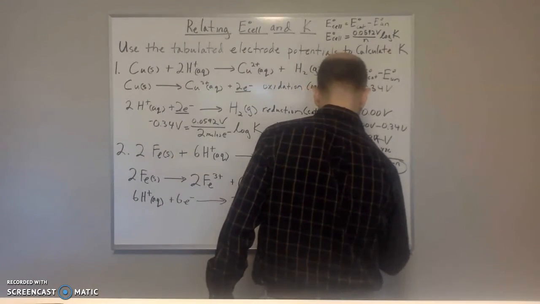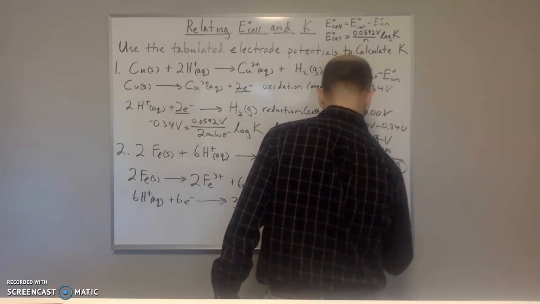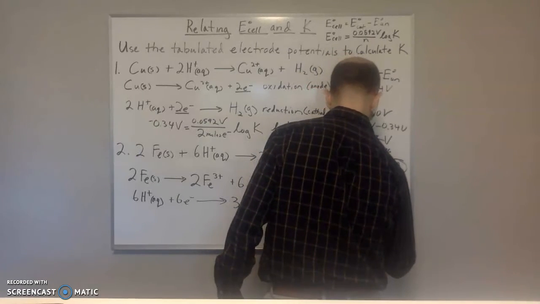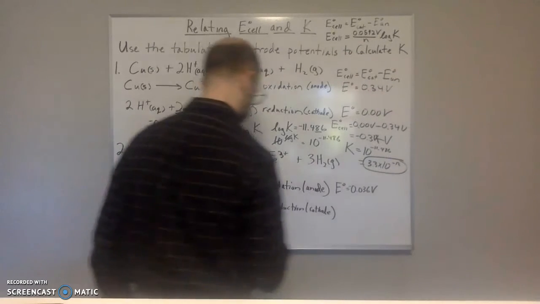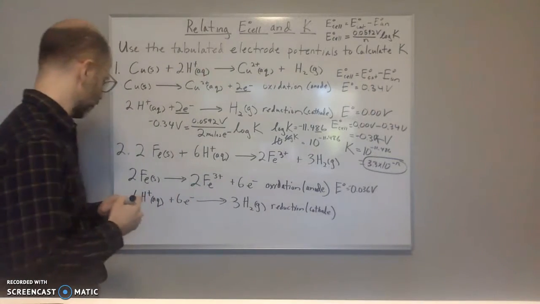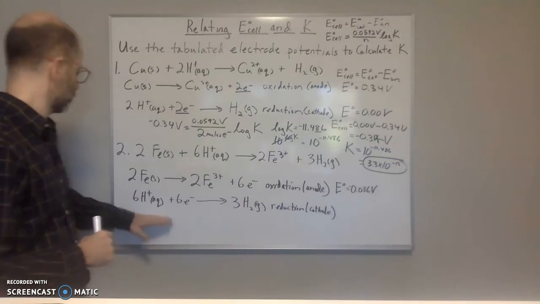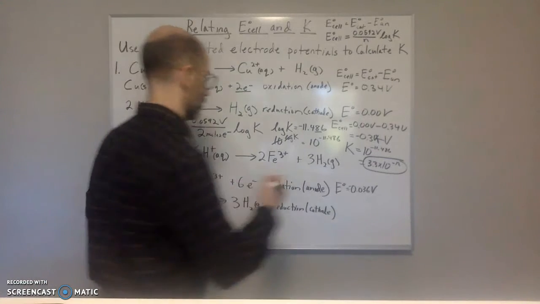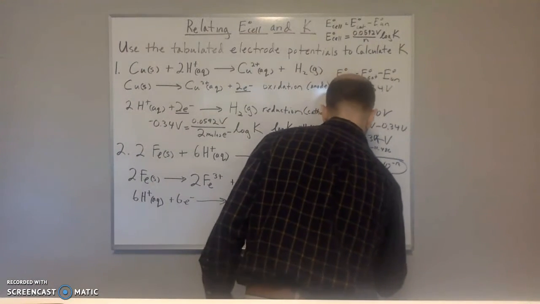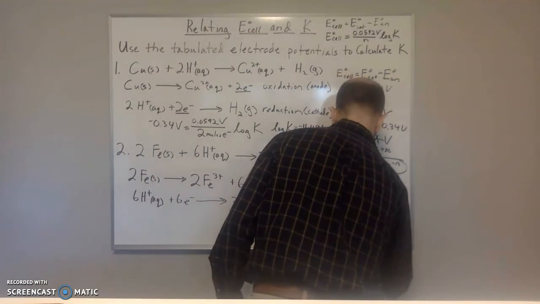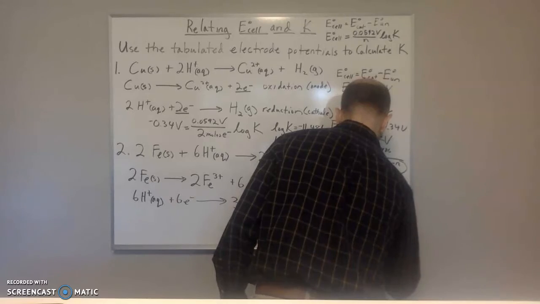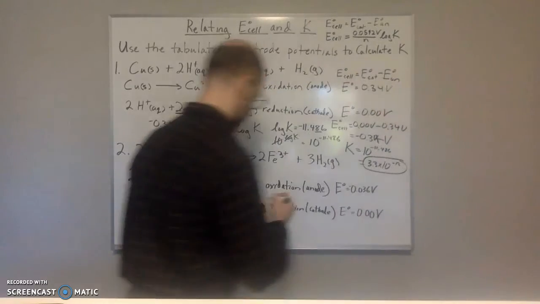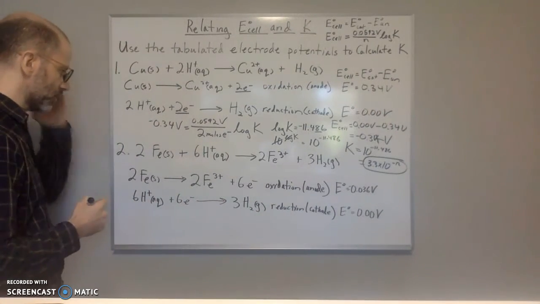So the electrode potential for this is going to be a negative 0.036 volts. And again, for hydrogen, H plus going to H2, that's going to be 0. So the electrode potential for this is going to be 0.00 volts because, again, that's the standard.